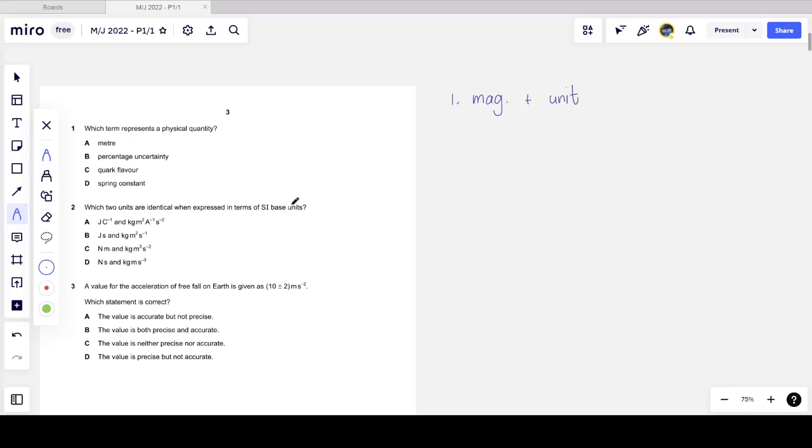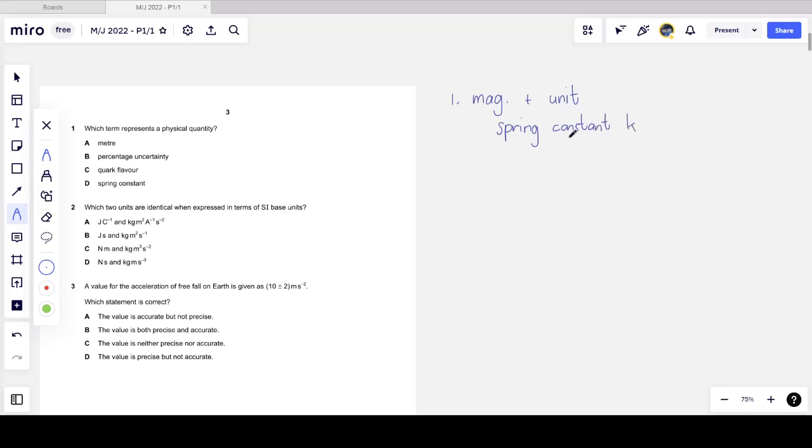And so immediately we can see that we can eliminate meter, which is just a unit. We can eliminate the concepts of percentage uncertainty and quark flavor, but spring constant is something that we can measure with both a magnitude and a unit. So the spring constant K is indeed a physical quantity.